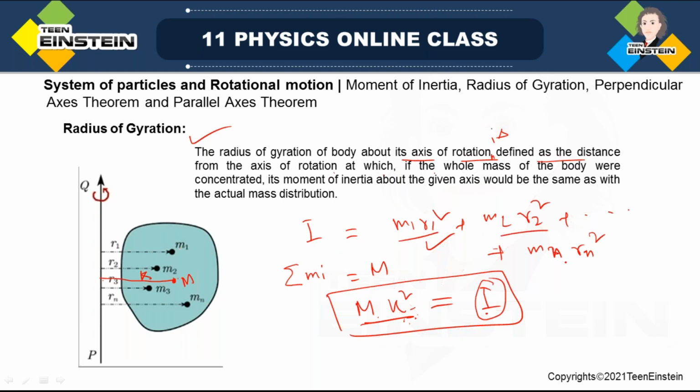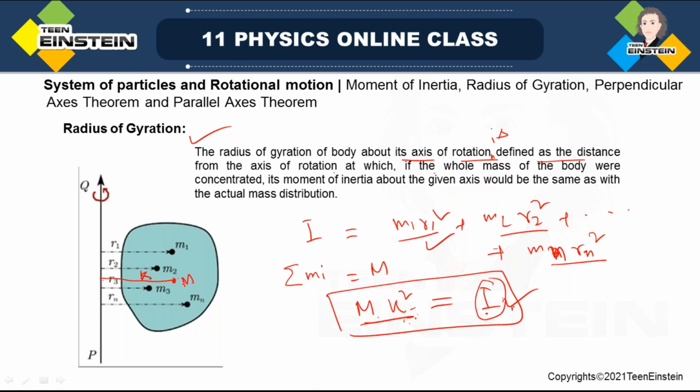You can find the individual moment of inertia of all the particles and sum them up to get the total moment of inertia. This is the actual moment of inertia, or moment of inertia with actual mass distribution.